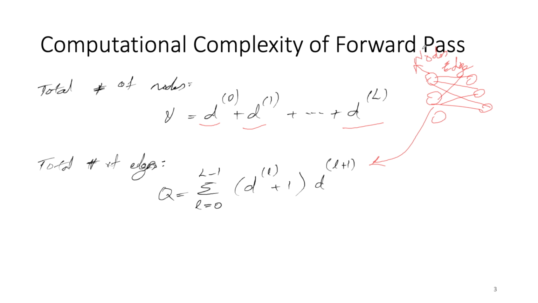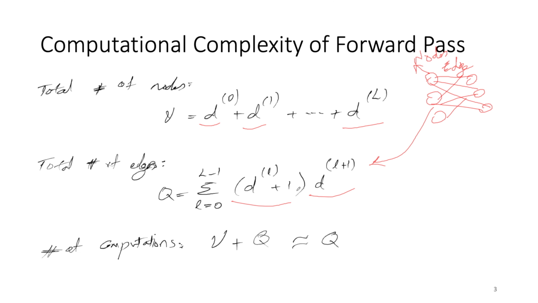So in order to compute the number of edges, since we are talking about a fully connected network, such as a normal neural network, we have to do a summation from layer 0 up to L minus 1 of the d of that layer plus 1, multiplied by d of the next layer. So suppose you have 3 by 3, just like the figure that I had. You can easily compute how many connections you have, right? It's simply a multiplication of this and that, and you have to sum them up for all the layers.